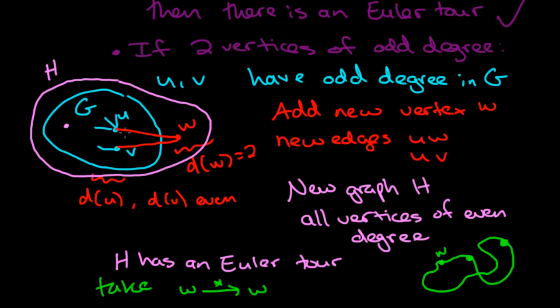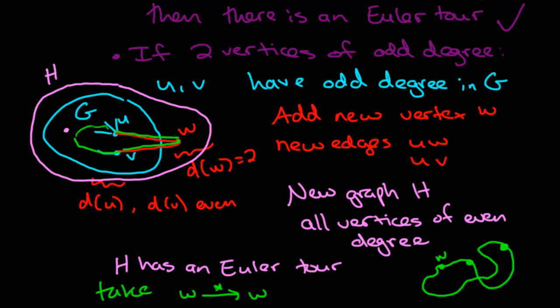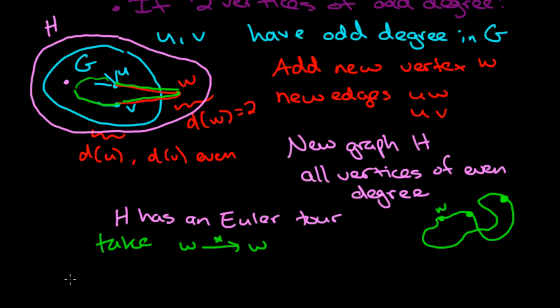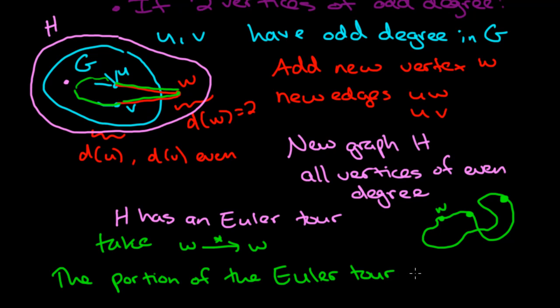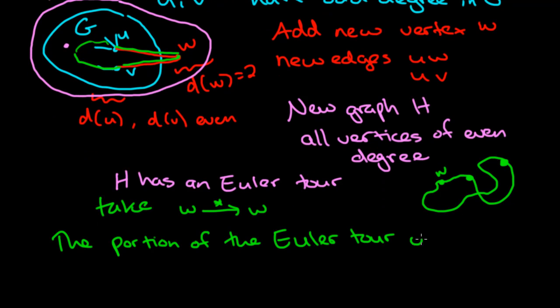Alright, well that means that it's going to have to go somehow starting at W, using up this edge, going through the rest of the graph somehow, coming back, and then using this edge to get back to W. So what we can do is we can take the portion of the Euler tour with W removed, and thus the edges UW and VW.